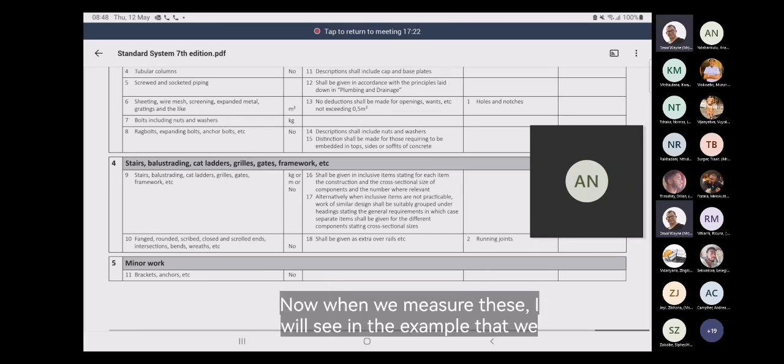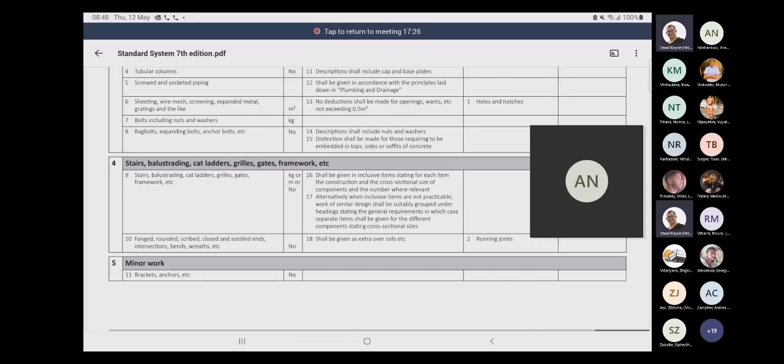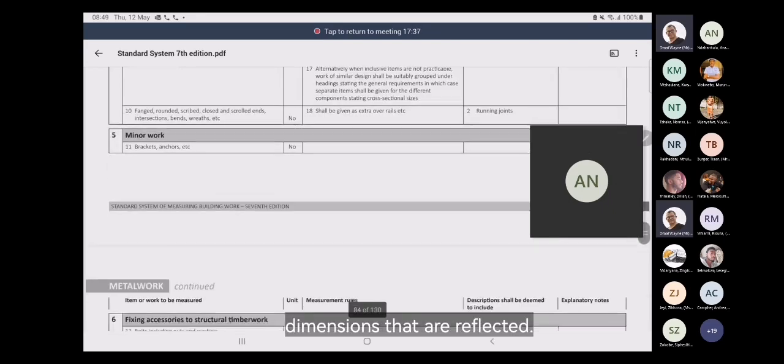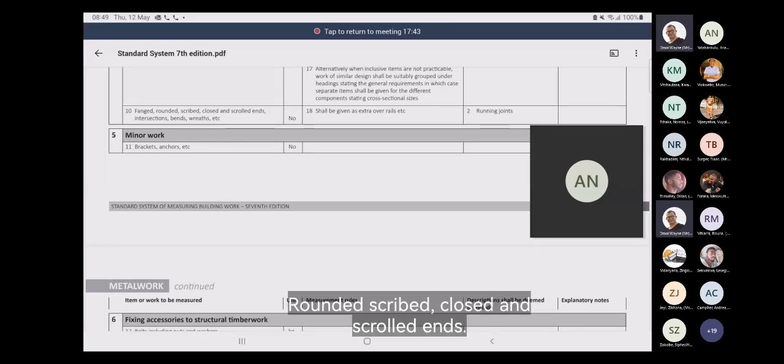Now, when we measure these, as we'll see in the example that we will be doing next, we'll be able to go through the breakdown of how we arrive at the respective dimensions that are reflected. Then fanged, rounded, scribed, closed and scrolled ends, intersections, bends, wreaths, etc. shall be measured in number.